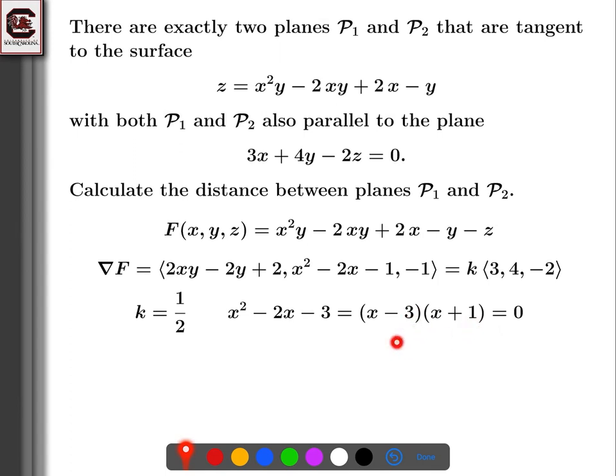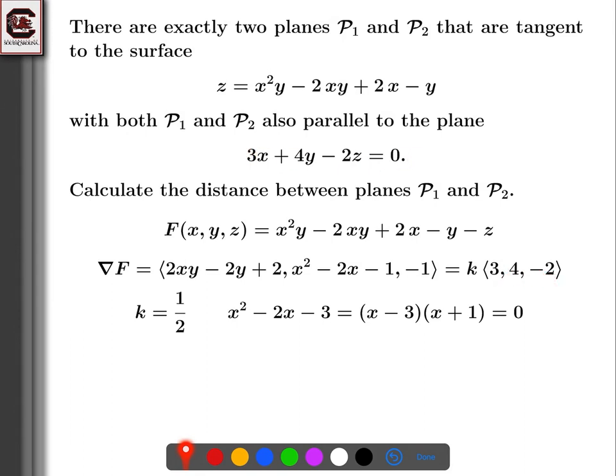We get a minus 3x and plus 1x is minus 2x. And then minus 3 for the constant and x squared for the leading term. So we get this factorization, and this tells us that x has to equal 3 or negative 1 if this gradient is going to be parallel to this normal we got from this plane up here.